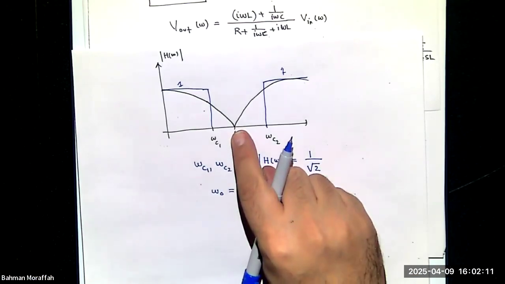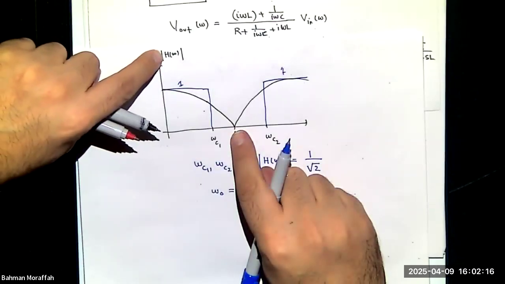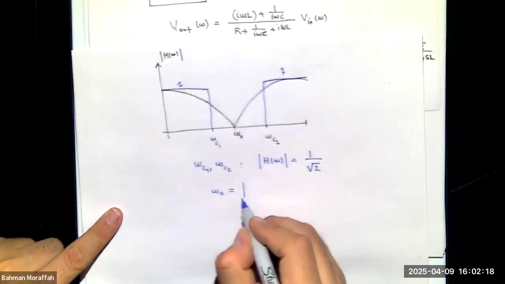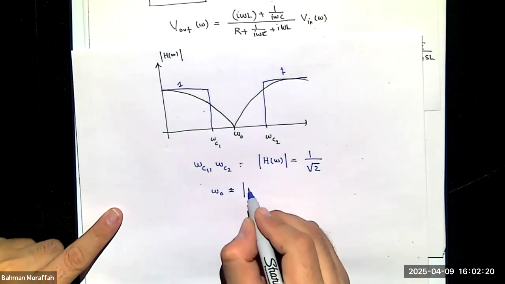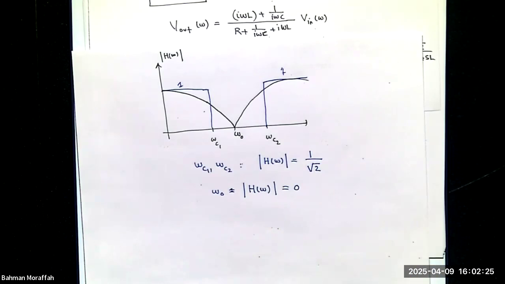Look what's happening at this omega naught. Magnitude of H of omega is 0. So to find this omega naught, I have to solve for magnitude of H of omega equals 0. Right? So that's what it is.